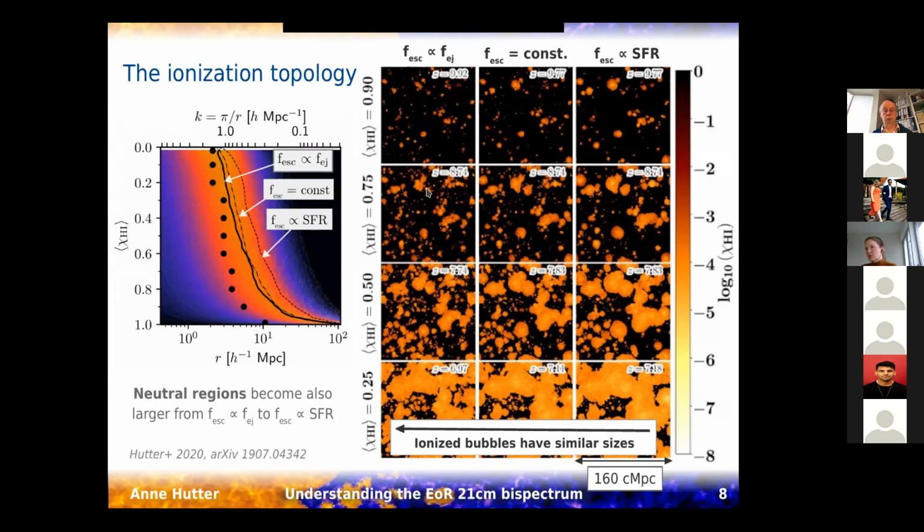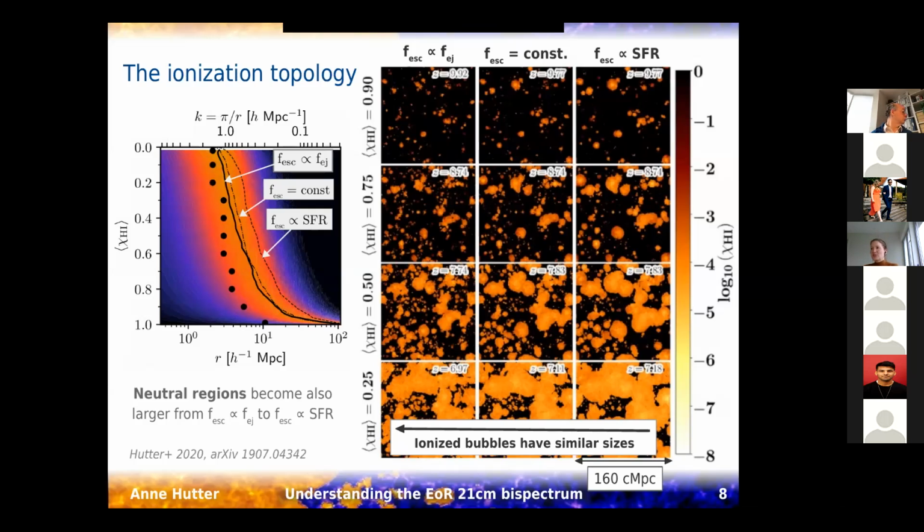So you will find smaller neutral regions here than on the left-hand side. I think this is understandable if you consider that here you have far more small-mass galaxies producing small ionized regions, which cut through what you would otherwise consider one neutral region.